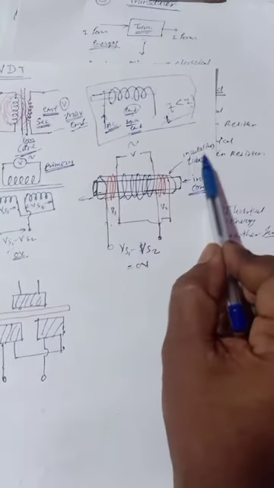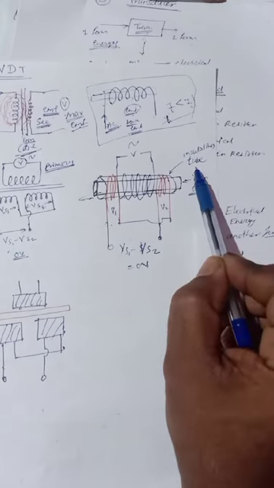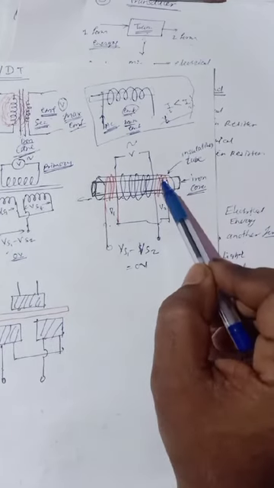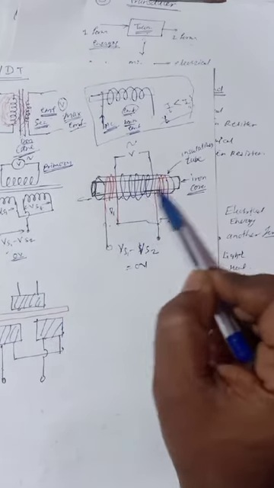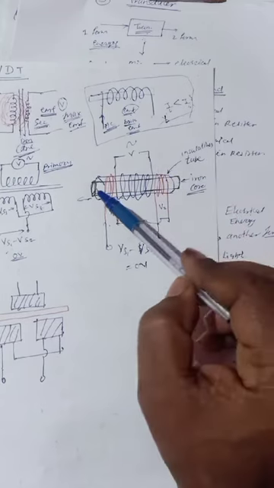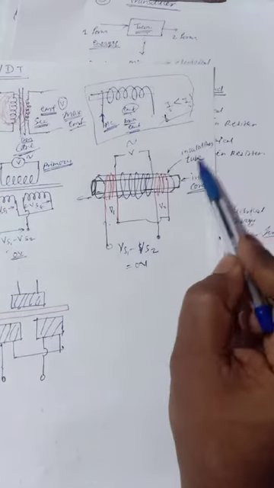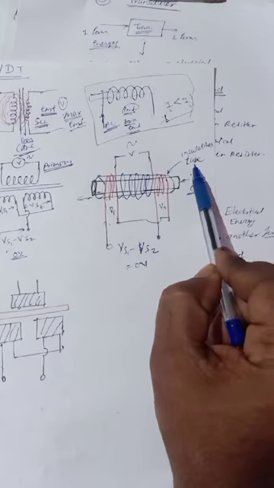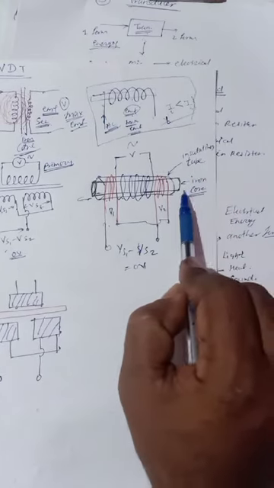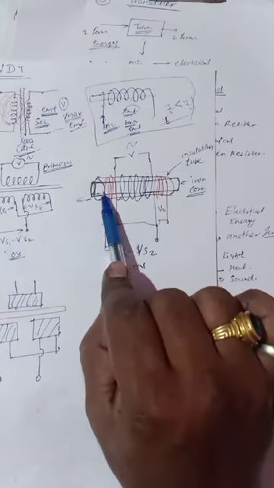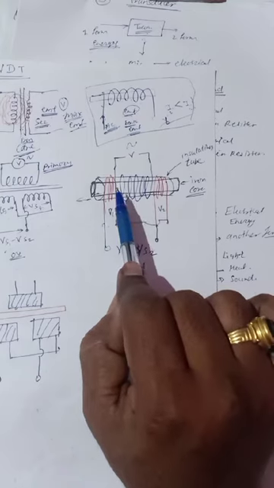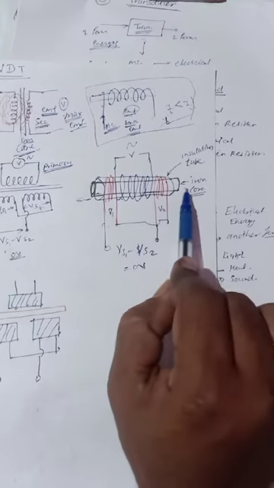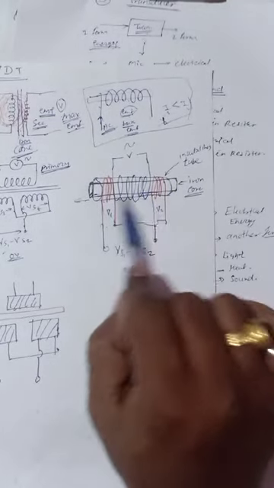There is an insulating tube, it may be a plastic tube or a ceramic tube. These three coils are wound on the insulating tube, and there is an iron core inserted in that tube, so that we can move this iron core in that tube.